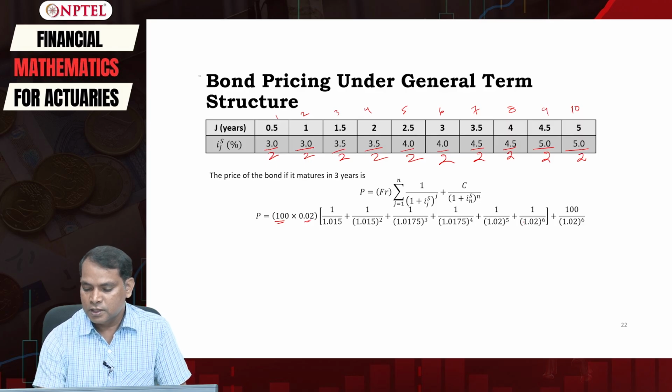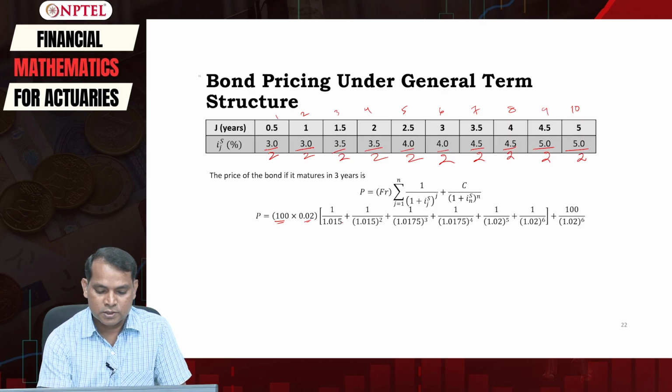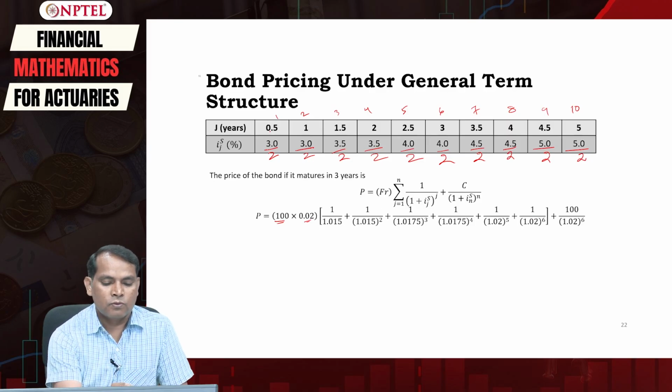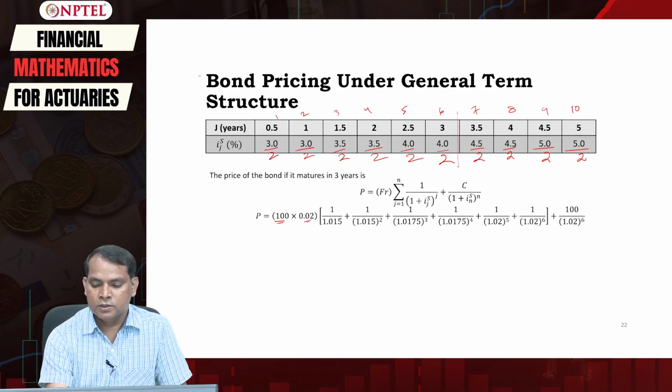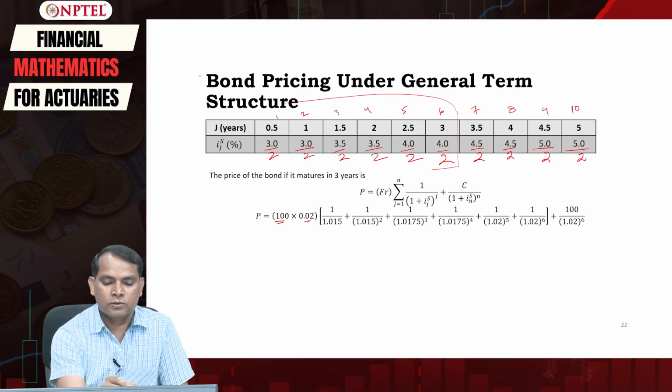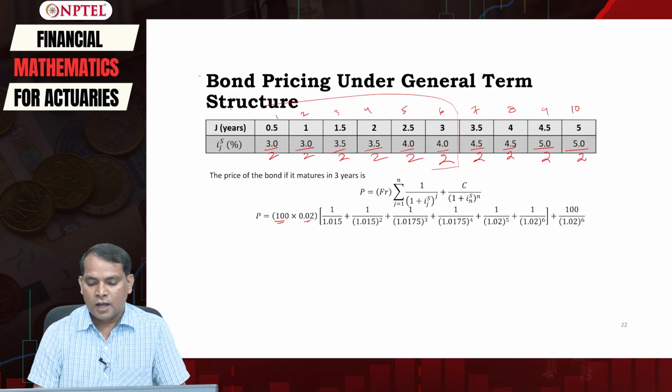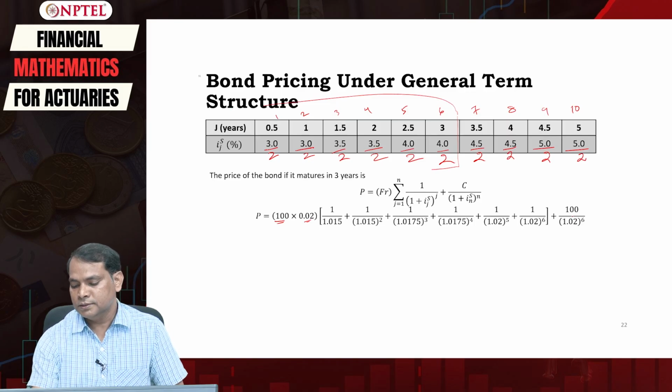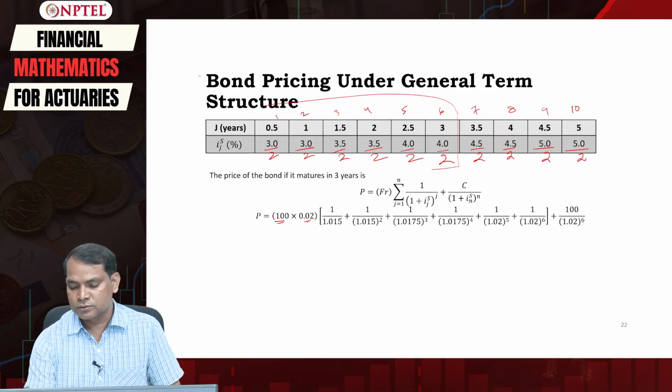Similarly, we have just put it in for all the values for 3 years. So, 1, 2, 3, 4, 5, 6, till here we are now computing, and therefore here n is equal to 6.